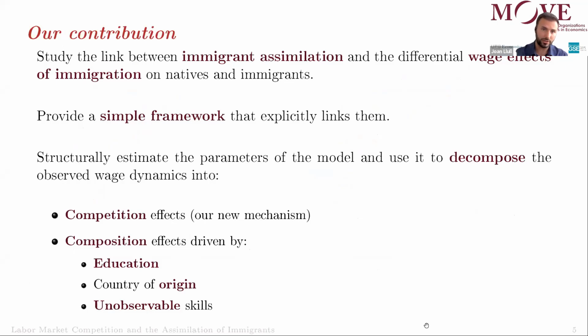So what we do is we structurally estimate the parameters of the framework, and then we do some counterfactual simulations to decompose what's the role of the competition effects, which is our new mechanism, and what's the role of composition effects driven by education, changes in the country of origin composition, and everything else that we're going to label under unobservable skills. Okay?